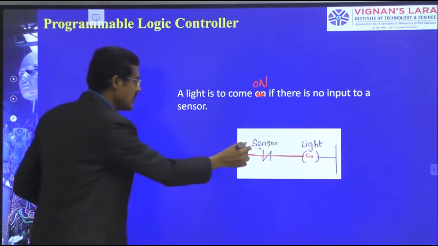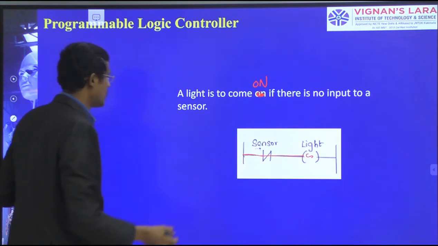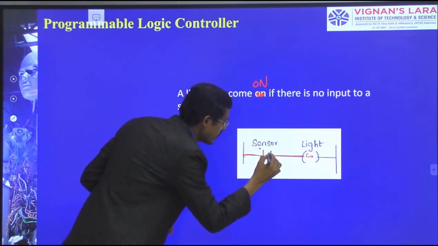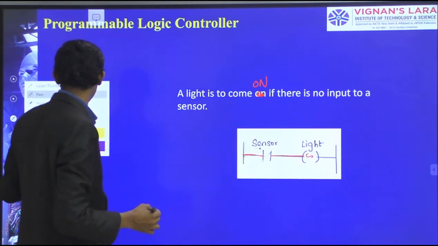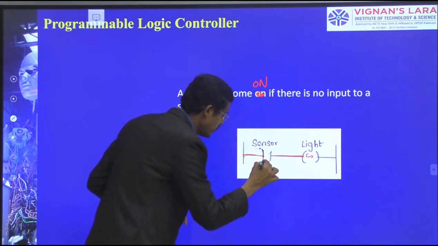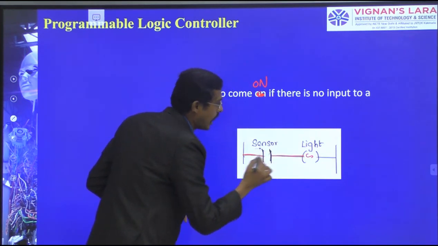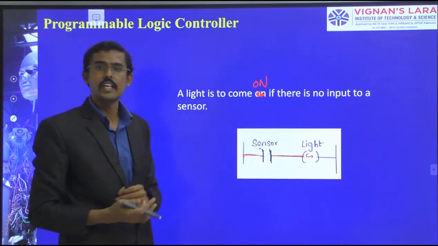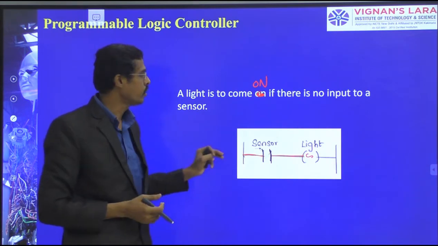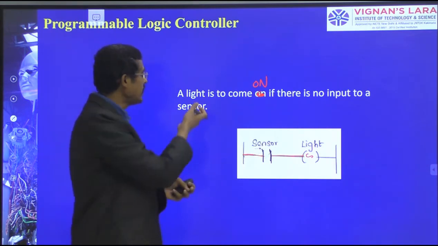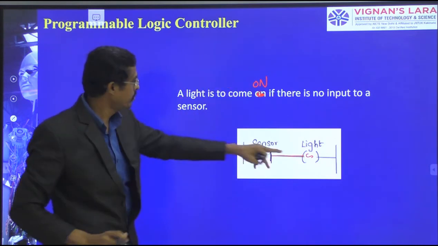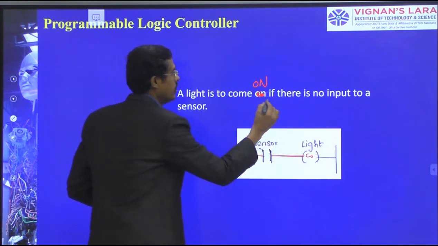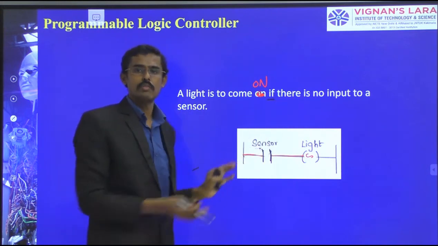Now, when it is sensed, it breaks the contact here. Therefore there is no circuit connection between the power rail and the light, so it is disconnected and the light stops. So by the program, the light stays on if there is no input, if we have not given input.